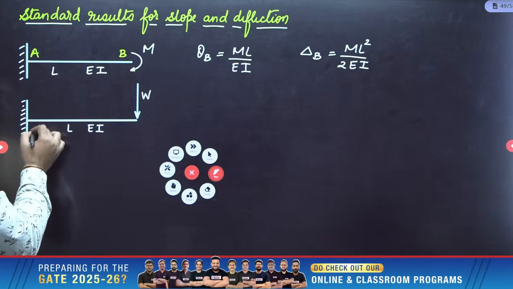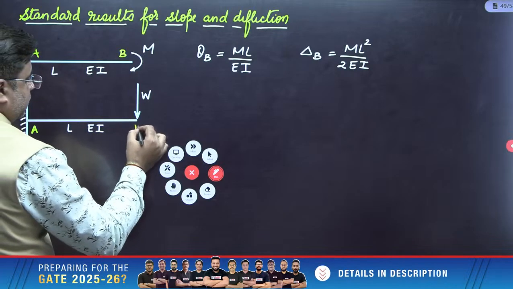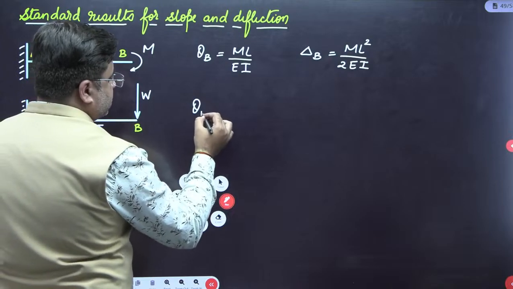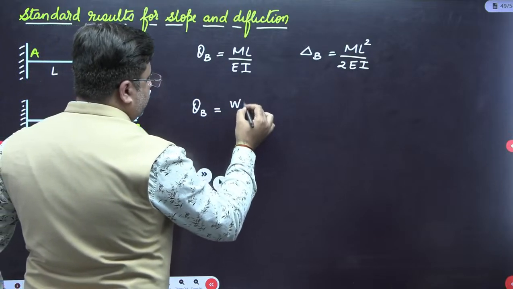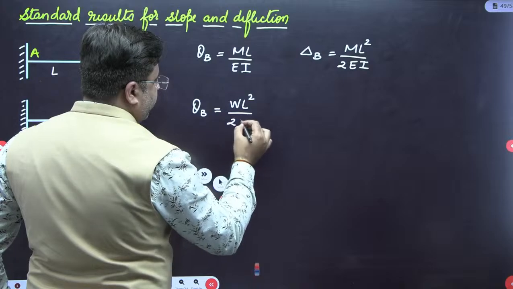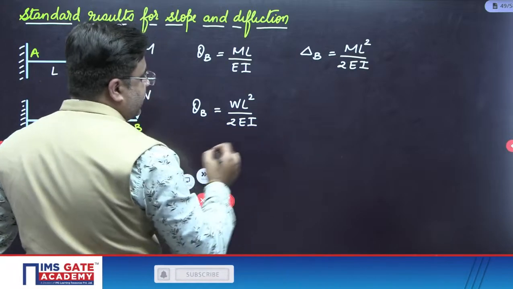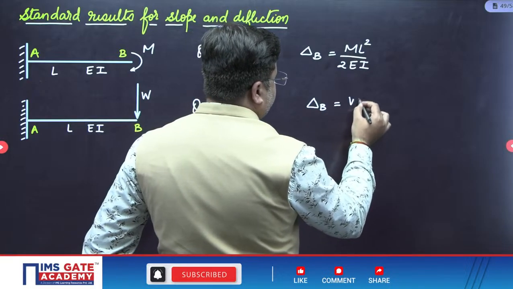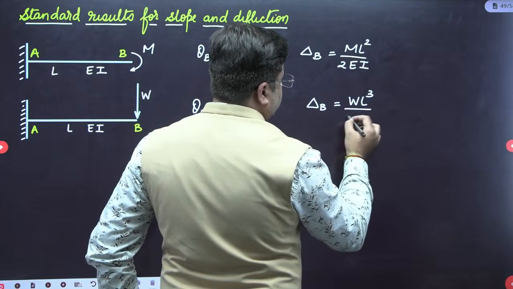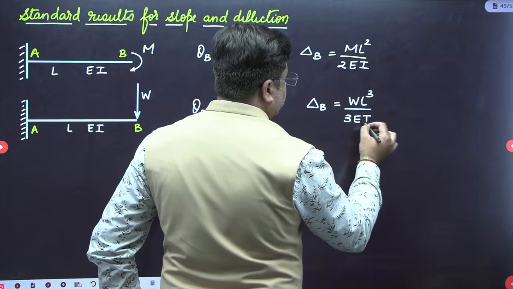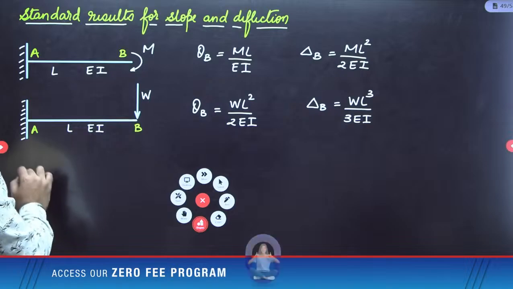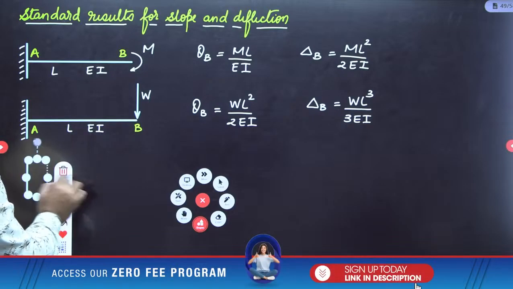This is A, B. So you have theta B is WL square upon 2EI, and you have delta B, which is equal to WL cube upon 3EI. Okay. Next you have the cantilever beam subjected to UDL over its entire length.